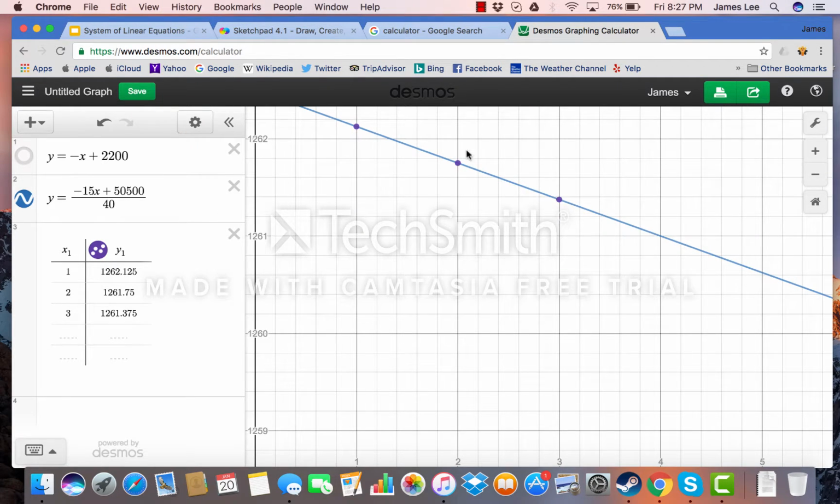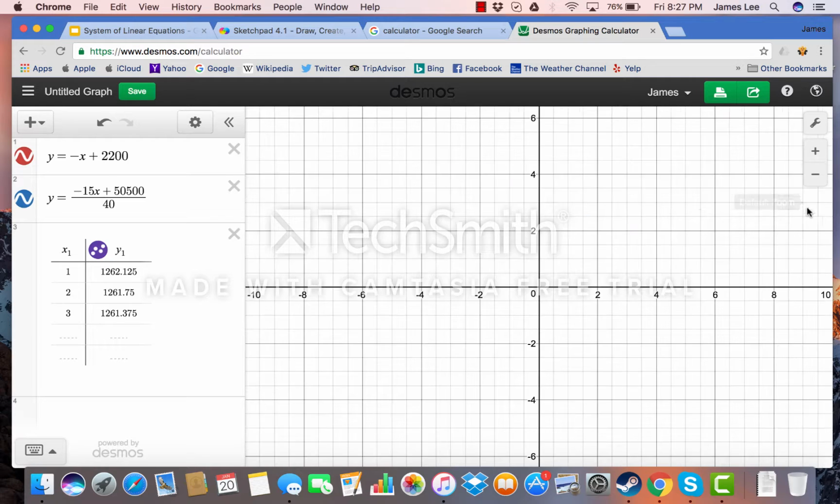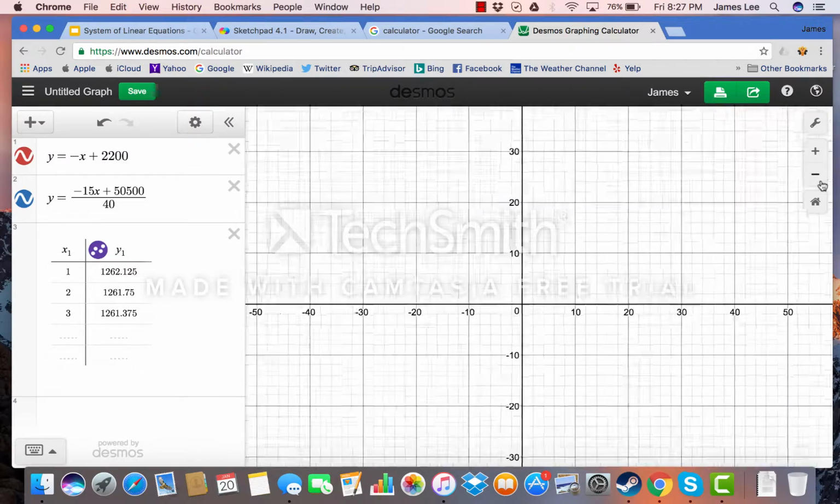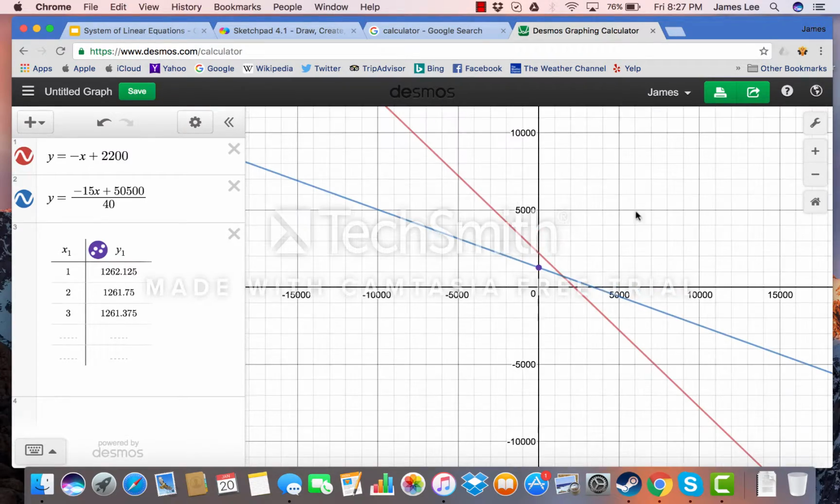And they will continue to follow the pattern until they both reach the intersection point. Although the lines are infinitely long, this intersection point is a solution to the system of linear equations.